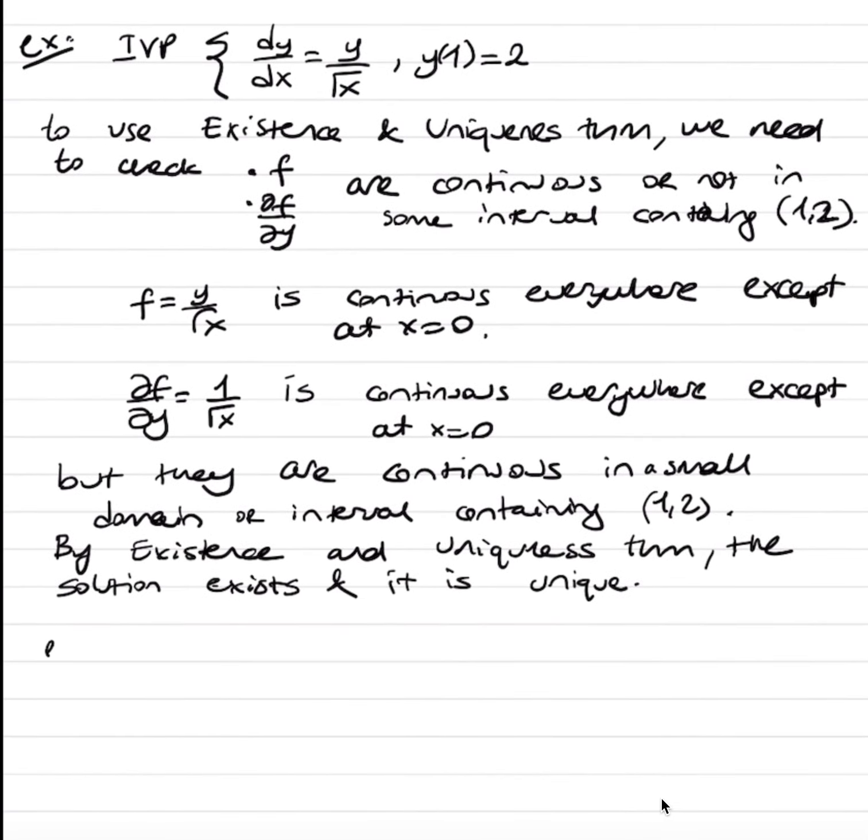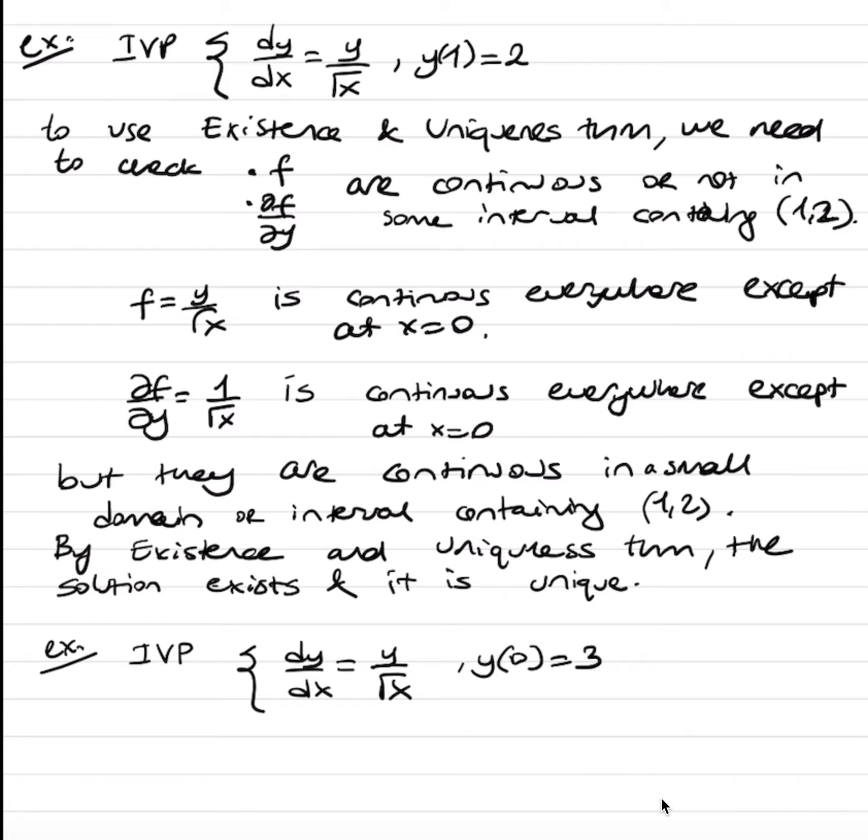So now we have the same initial value problem. Let's say dy over dx is equal to y square root of x, but the initial condition this time is y(0) equal to 3. So here you see we have a problem, right?